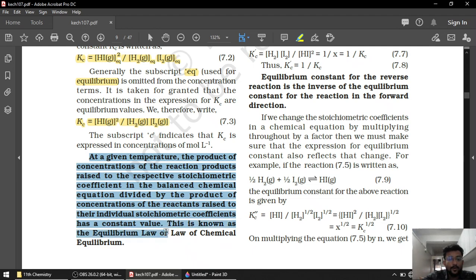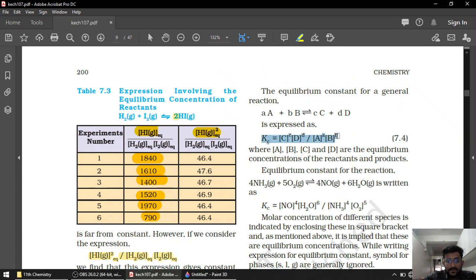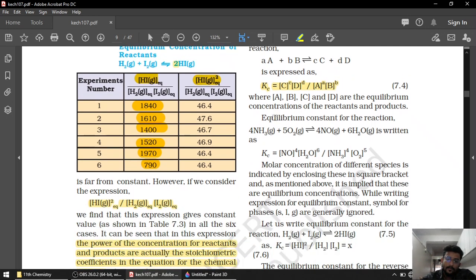This is known as the equilibrium law or law of chemical equilibrium, where A, B, C, D are the equilibrium concentrations.